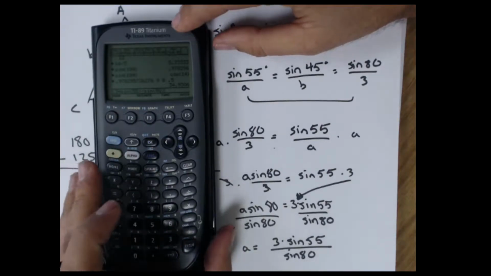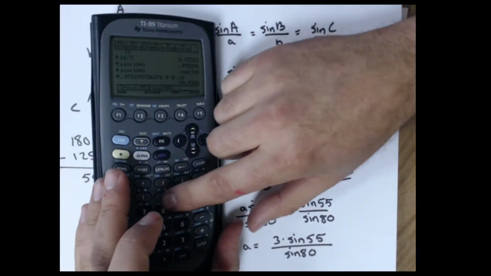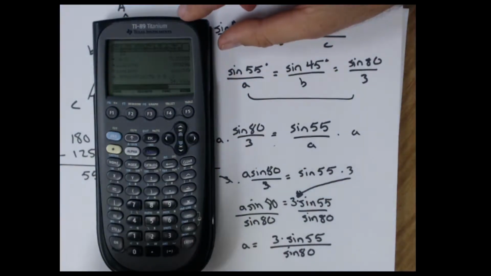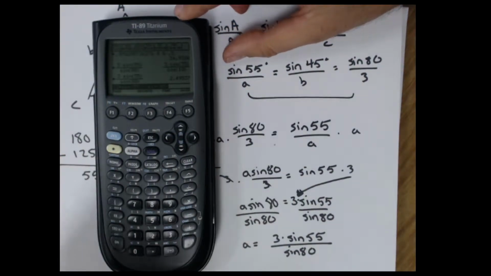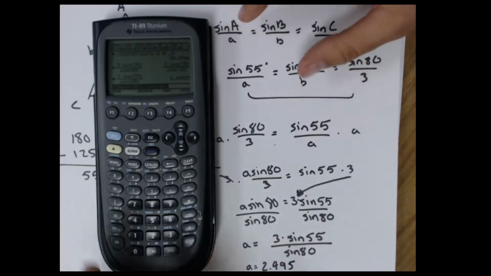And I'm missing my parenthesis in there, way back here. And we end up with 2.495. That's side length A.